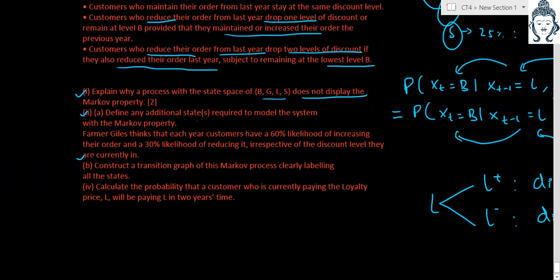The next thing that they have told us is that Farmer Gillis thinks that each year customers have a 60% likelihood of increasing their order and 30% likelihood of reducing it. That means 10% of maintaining it at the same level, right? So these are the three possibilities that can happen: 60% for increasing, 30% for reducing, and 10% for maintaining discount in any current year.